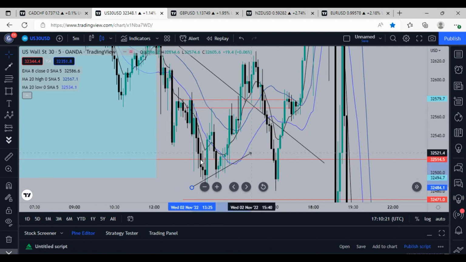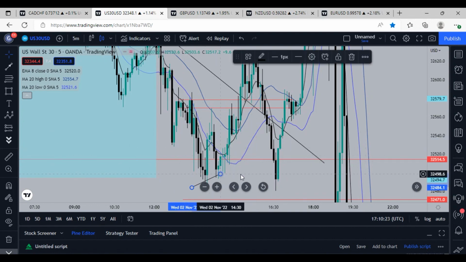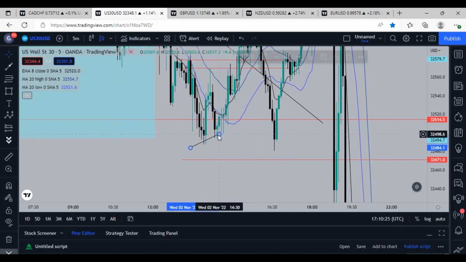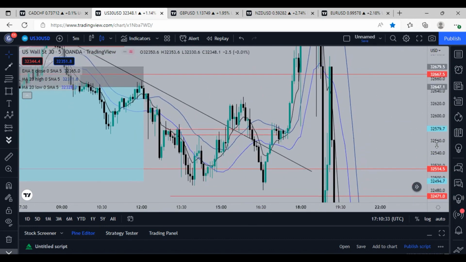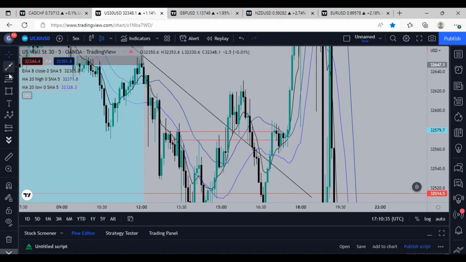So this was a very good support zone. And you guys could have then set your stop losses just a few pips away. Or if that didn't work out for you and your stop loss was taken out, then what you could have done is wait for price to head back into this area and then place buying positions.